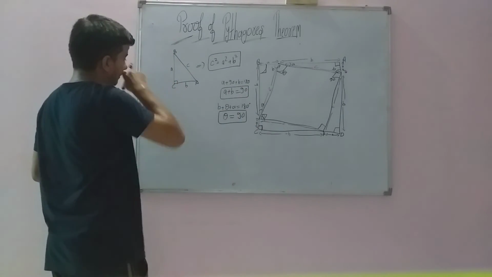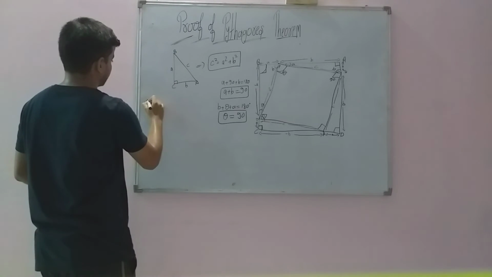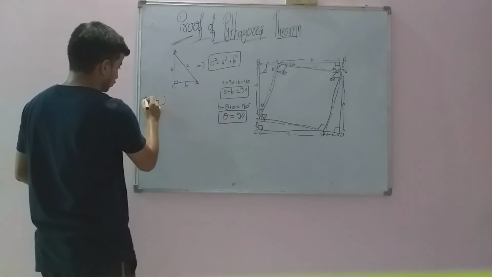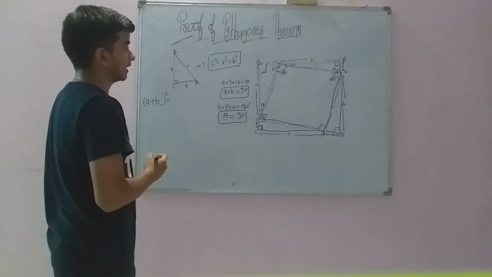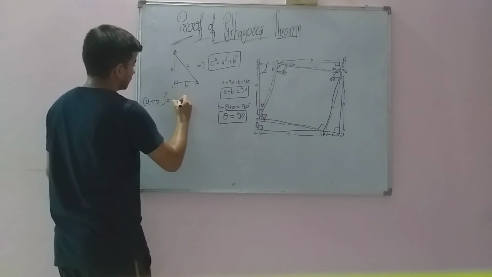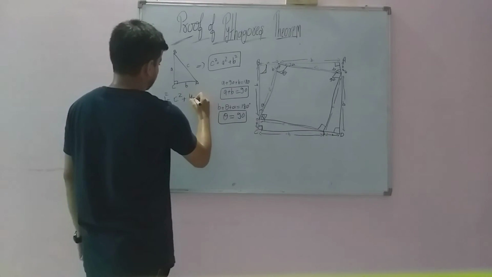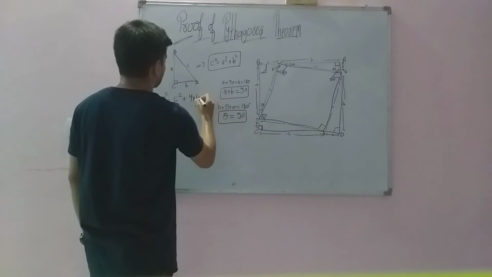So now we are talking about the area. Here the area of the external square, which is side square, is equal to A plus B whole square. This is equal to the area of the inner square, whose side is C, so it becomes C square, plus 4 times the area of a right angle triangle, which is half into base into height.